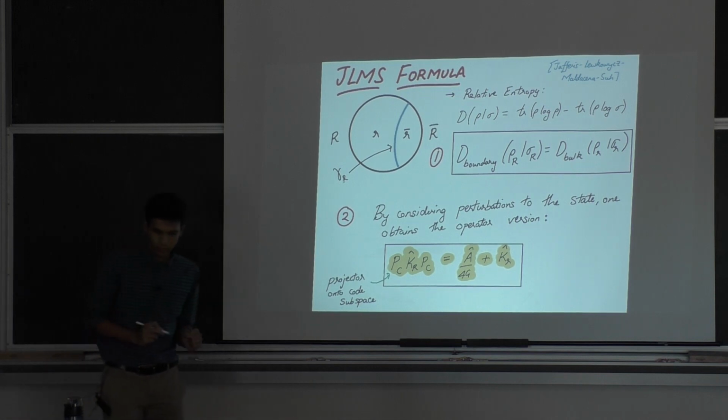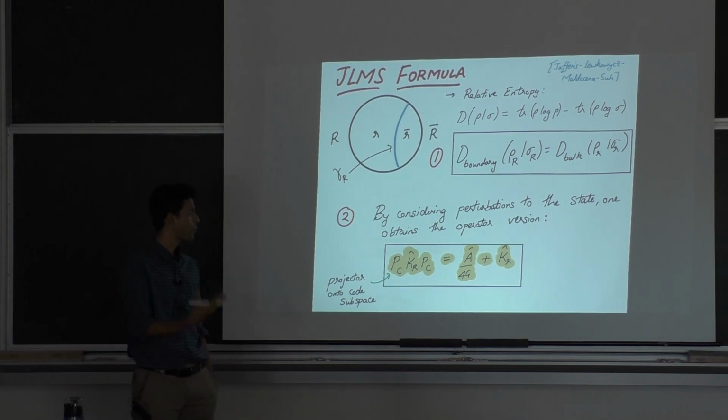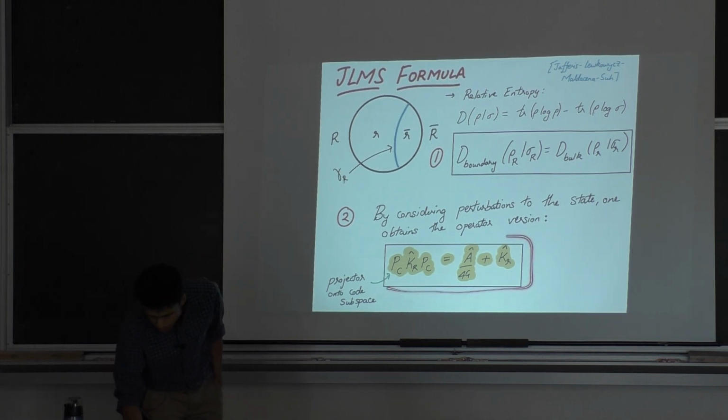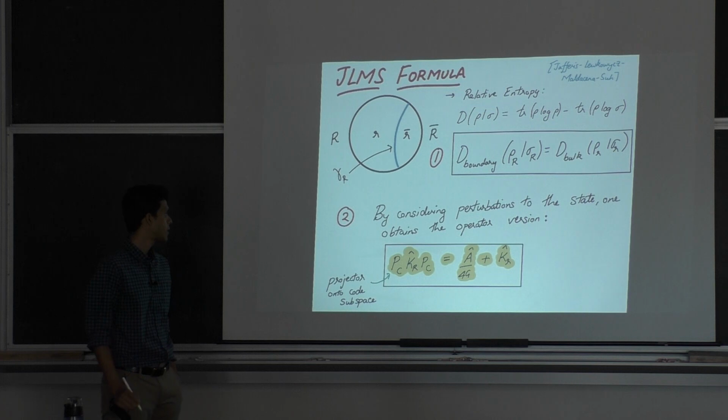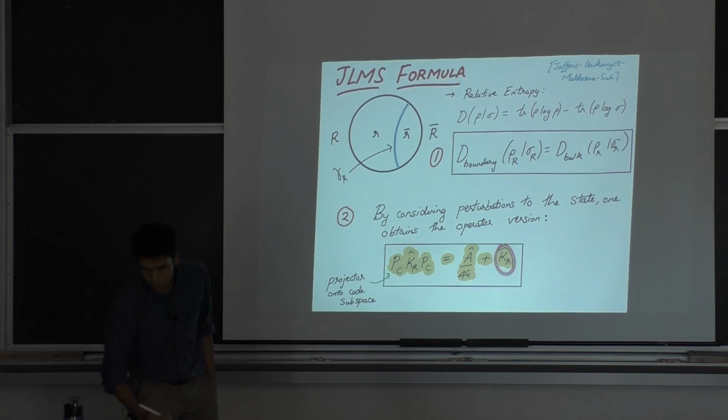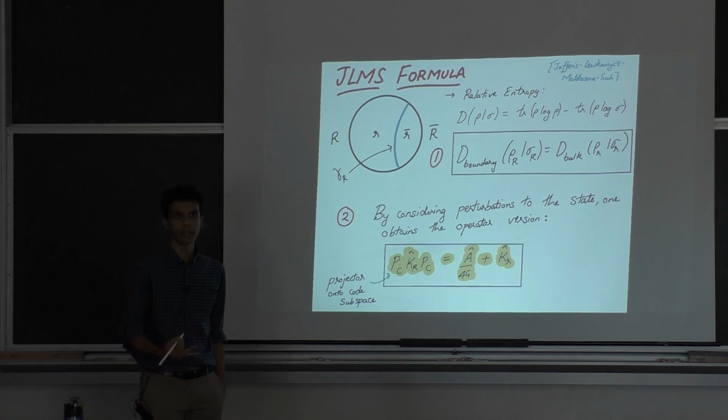Now that's one version of the JLMS formula, but the one that I'll be more interested in this talk is what you should think of as the operator version of the JLMS formula. So just by considering perturbations to the state and using the FLM formula, these authors had derived this particular form of the formula. Firstly, define K, the modular Hamiltonian, to be minus log of the density matrix. Hopefully this is something familiar to everyone.